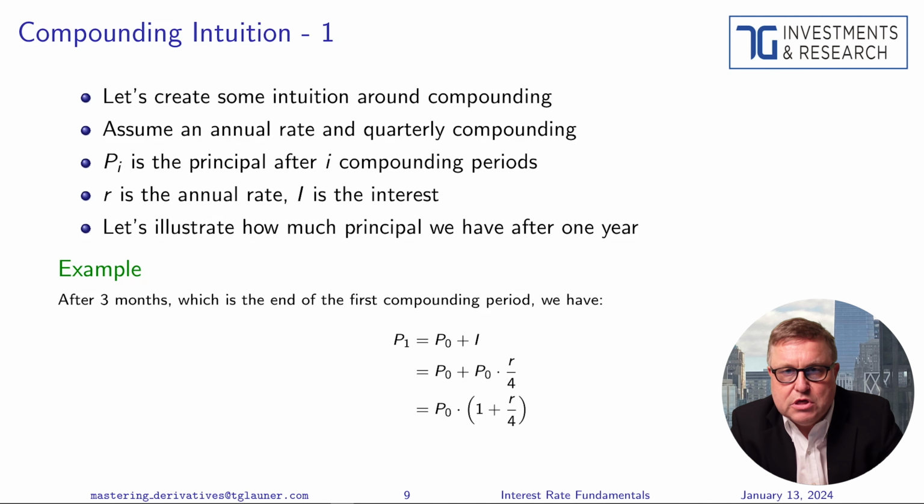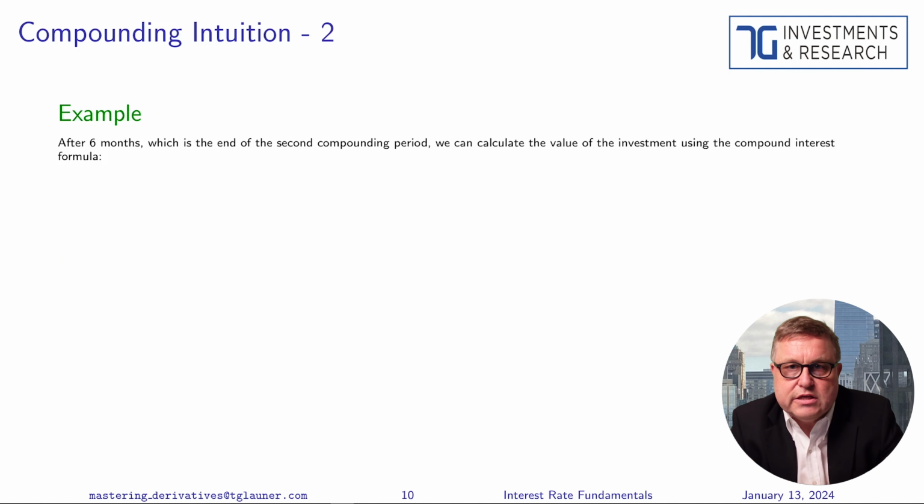Therefore, we have P1 equals P0 plus P0 times R over 4. By factoring out P0, we find that P0 grows by a factor of 1 plus R over 4 to give us P1. Now let's move on to the next period after 6 months.